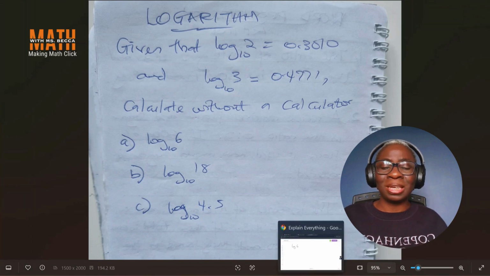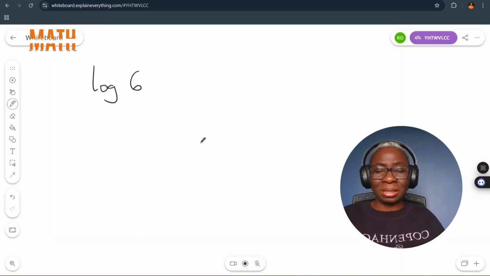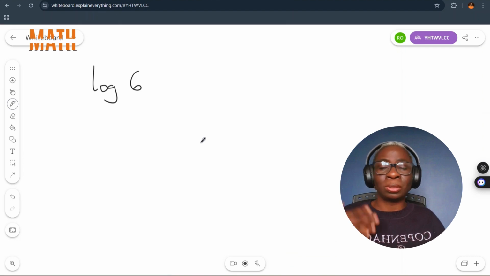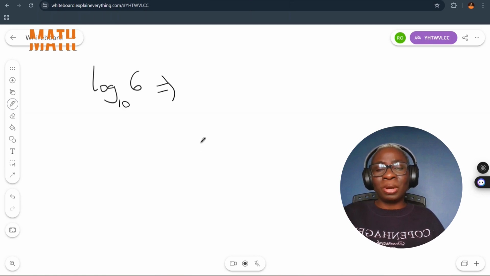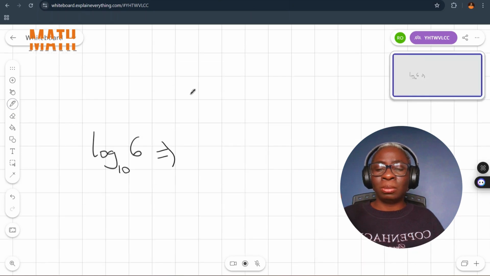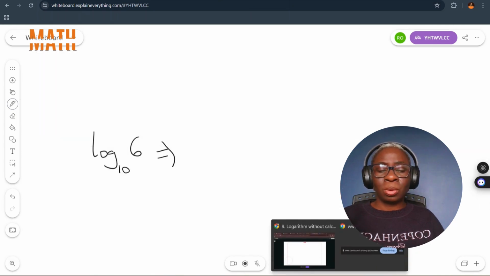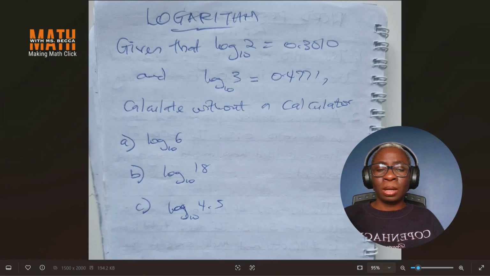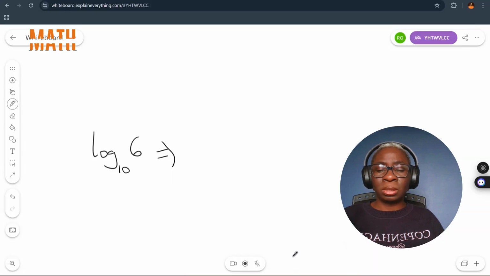So the first one says log 6 base 10. Don't forget that if the base is not written in the question, that automatically means it is base 10. Remembering the log rules, we can split this. We were given log 2 and log 3.